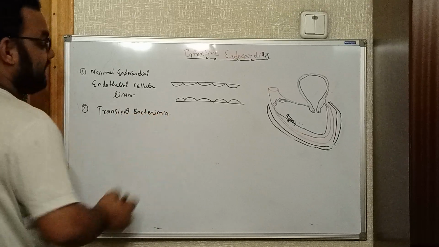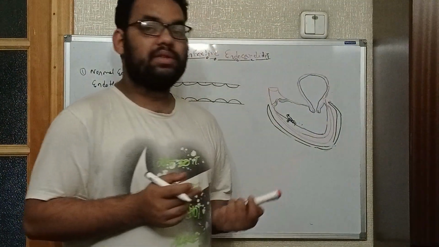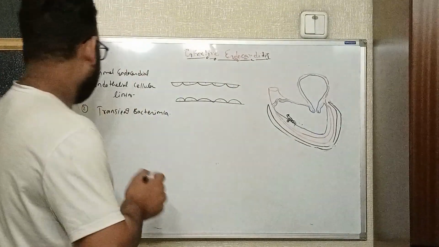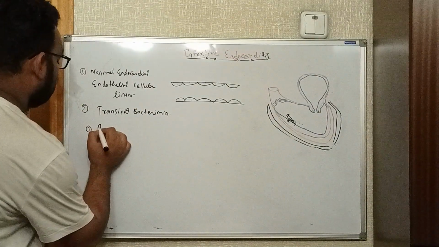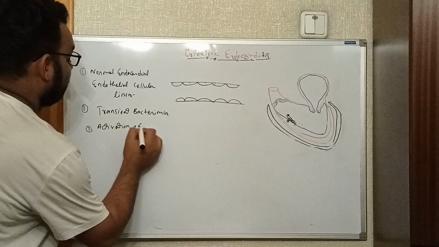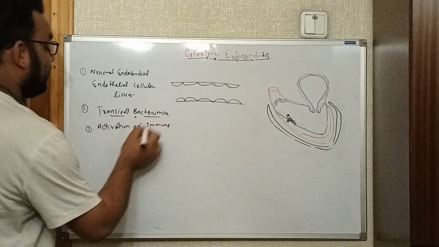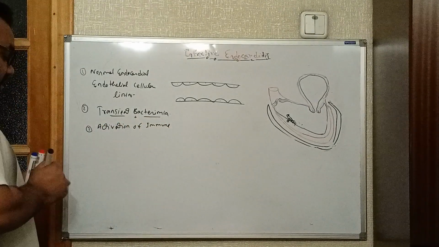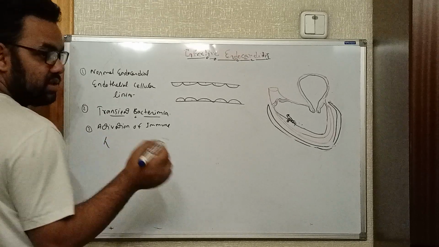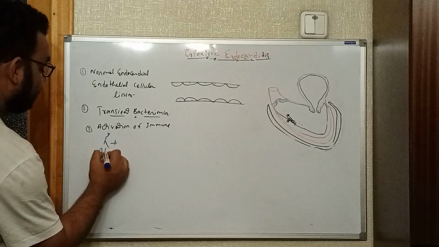Whenever we get the transient bacteremia, the normal immune activation will follow. So under normal circumstances, there will be activation of the immune system. Whenever there is a transient bacteremia, the immune system will come, and we'll see at first the different types of antibodies come over here.